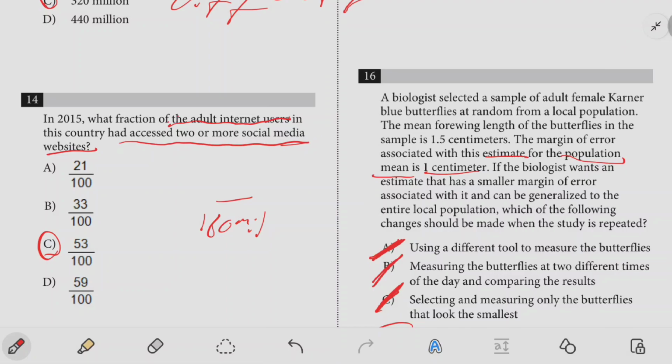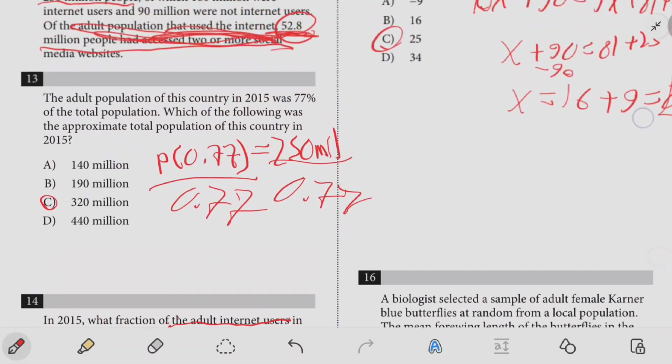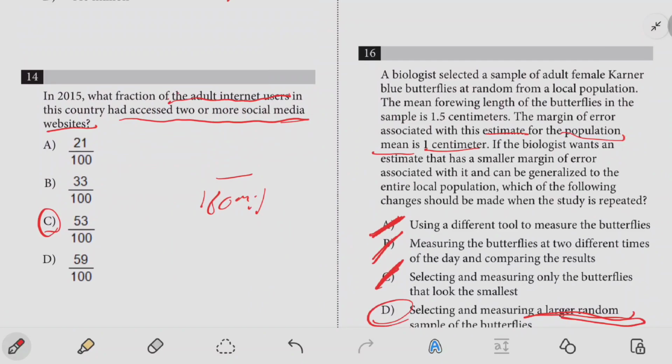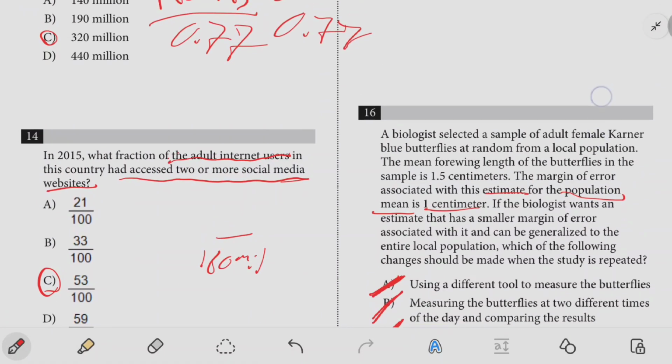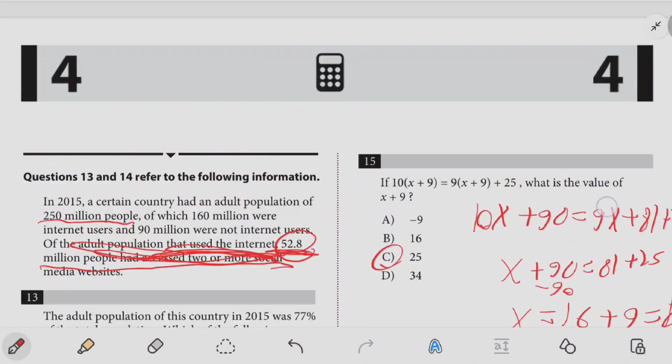What? 14's B? Wait, what? Did I actually throw the easiest questions on here? I actually want to see why it's B. What fraction of the adult internet users in this country had access to one or more social media websites?